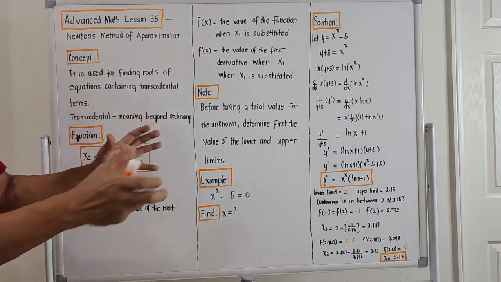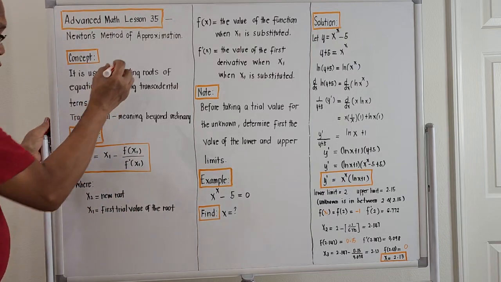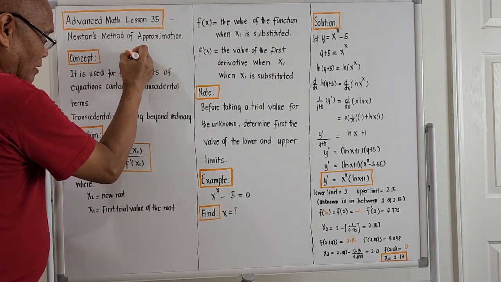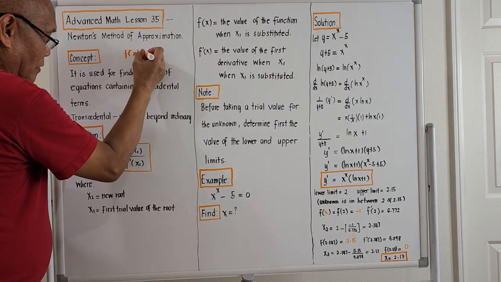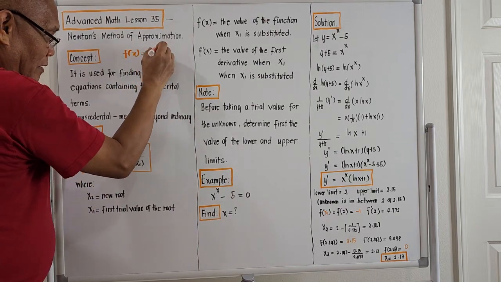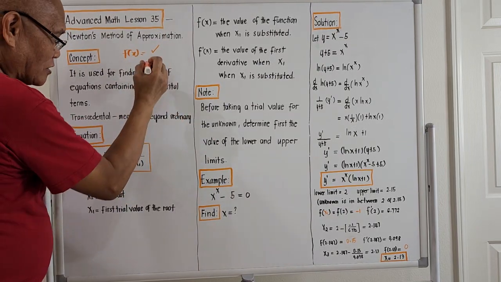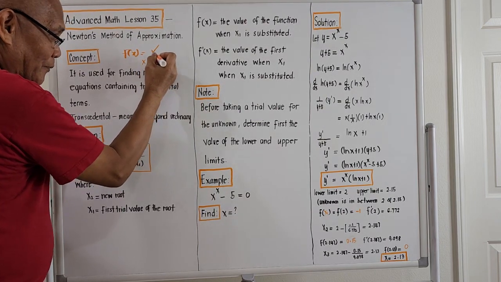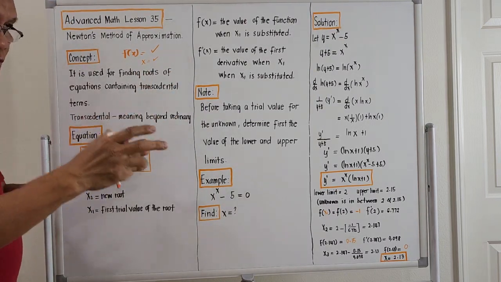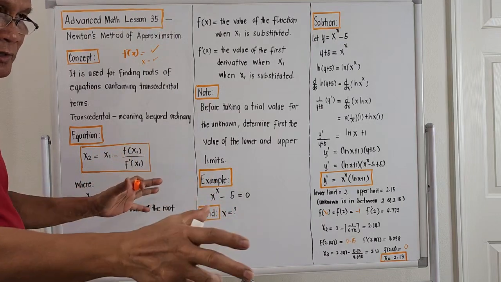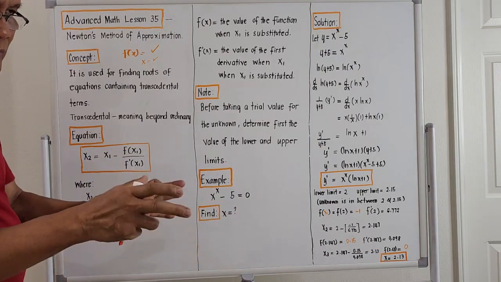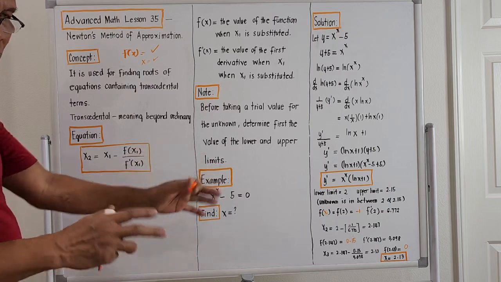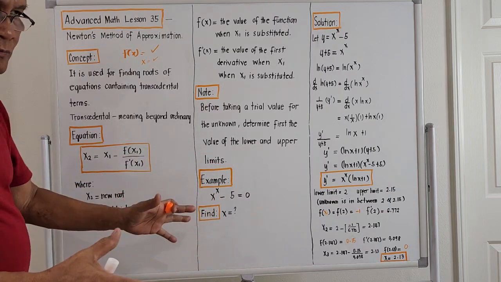The meaning of this, if we are given a function of x, and the problem is asking for the value of x, the equation should be transcendental. It is beyond ordinary. You cannot solve this by just simply using the laws of exponents or other things.